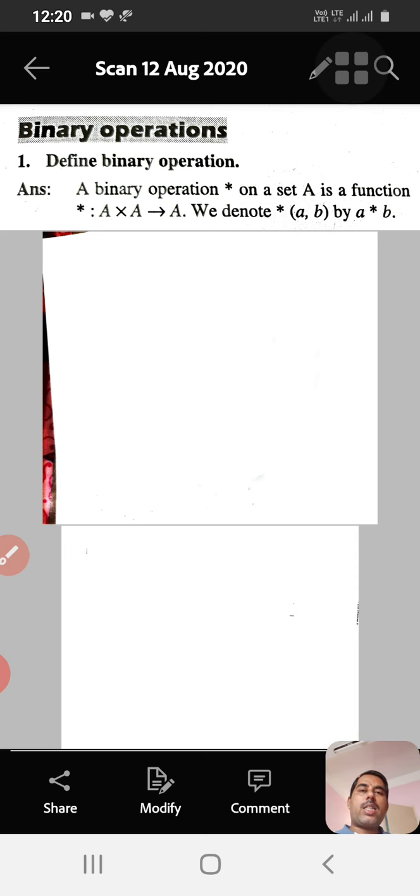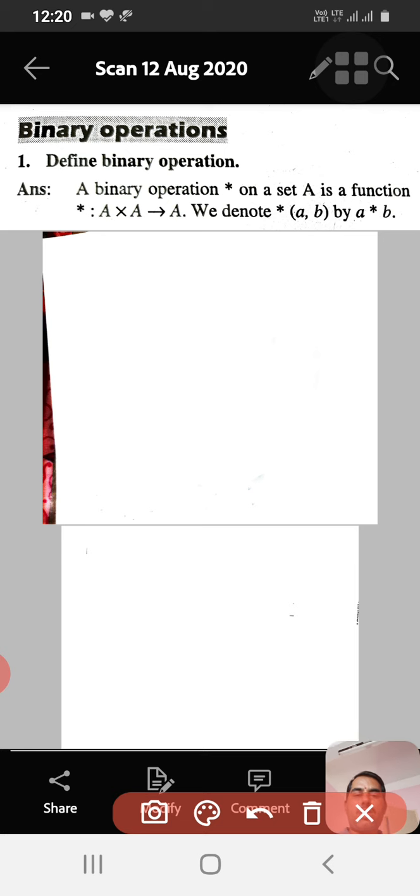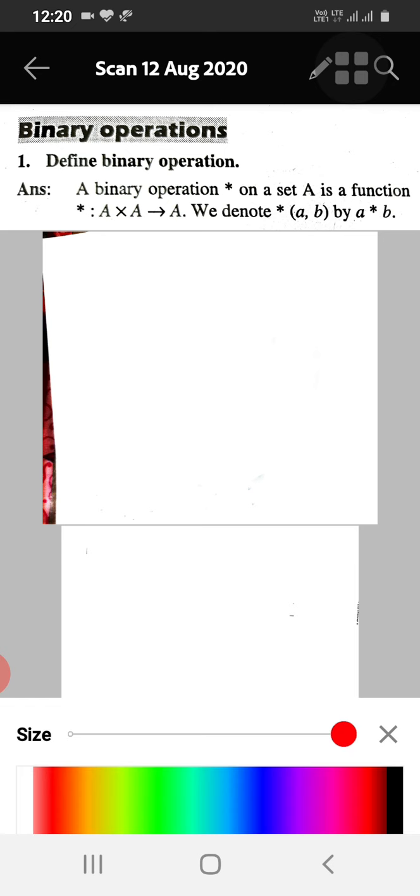See, in this class, let us take up the next topic, binary operations. What is the definition of binary operation? First write down the definition, afterwards I will explain with some examples.